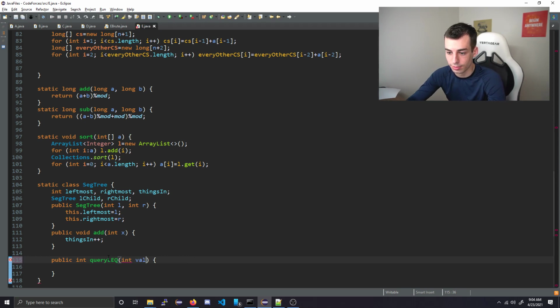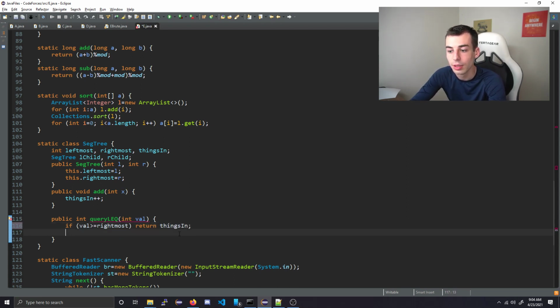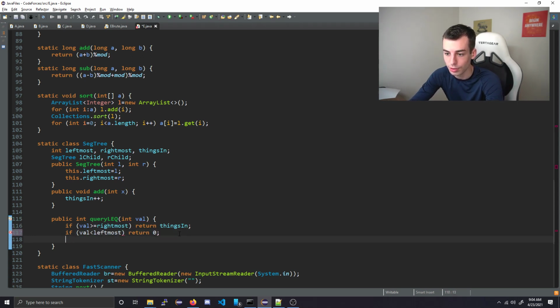All right. If vals greater than or equal to rightmost, return things in. If vals less than leftmost, return 0, return child dot query LEQ val plus child dot query LEQ.